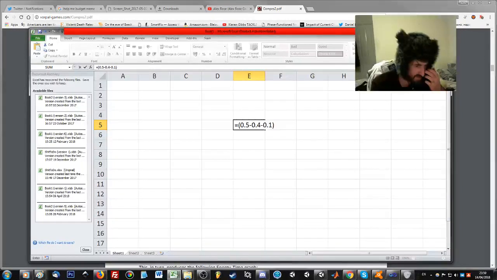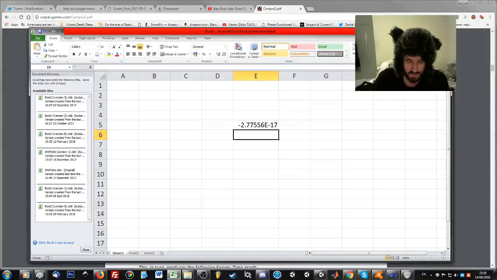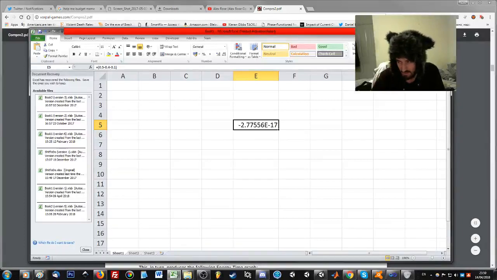Now you might expect that 0.5 minus 0.4 minus 0.1 is the number 0, but as we'll find out now, it's 2.77556 e to the minus 17. Because machines can't do maths exactly. When a machine can't represent 0 properly, it can't do calculations properly.